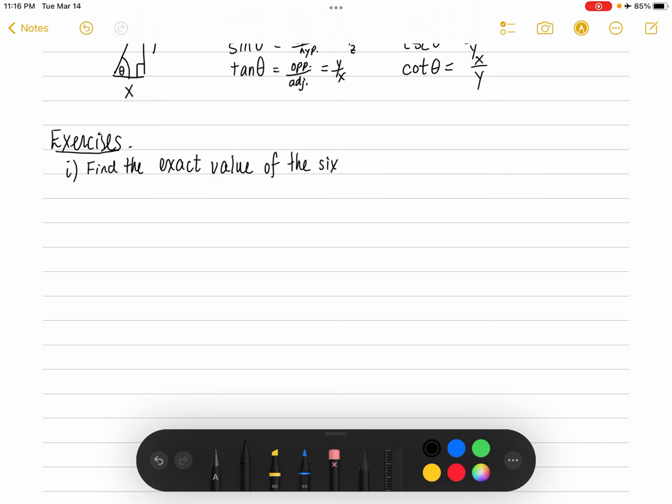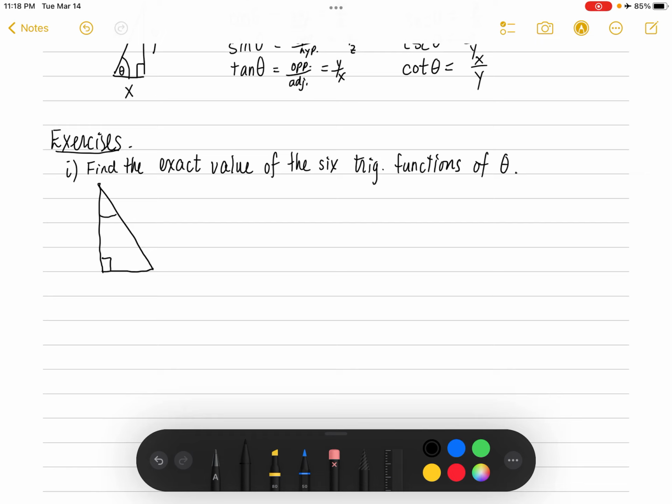Find the exact value of the 6 trig functions of the angle theta. We're going to have a figure here. A right angle.